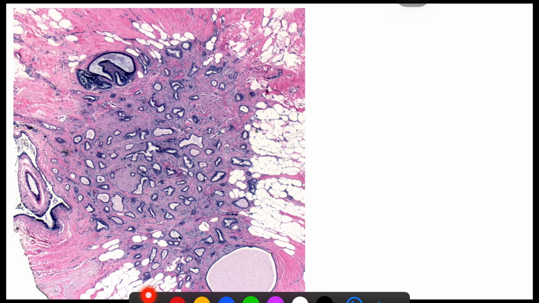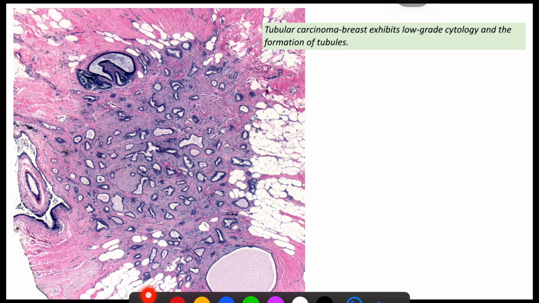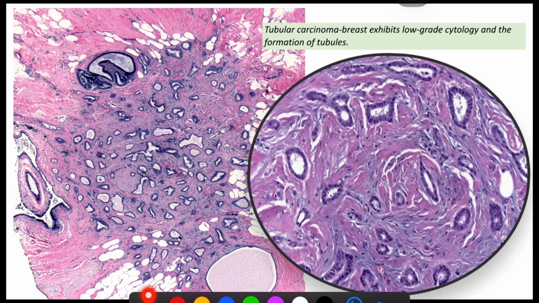Here you can see in this section multiple elongated tubules with branching and angulation, infiltrating into the surrounding stroma, where you can identify fat and pinkish sclerotic stroma.